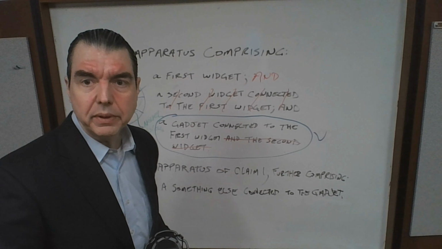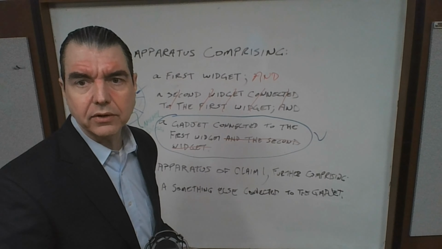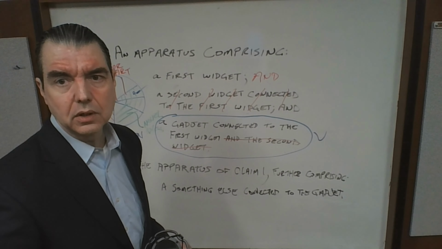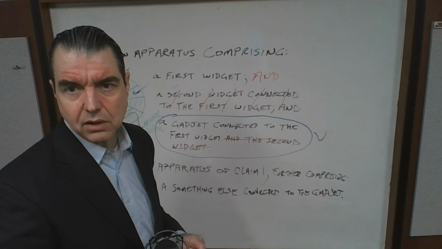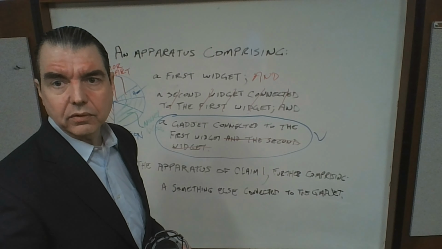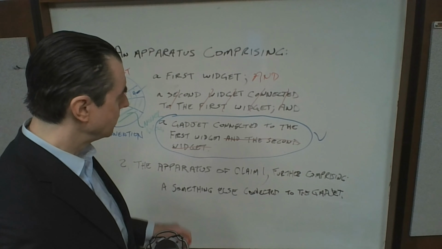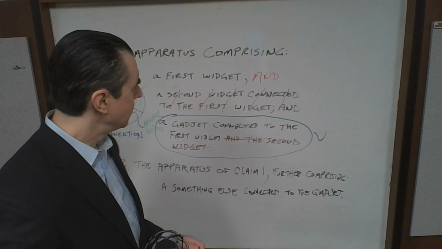Now the claim would be even broader and more valuable to you as an inventor, more valuable to license, and more valuable to show infringement. And I'll get into infringement in another video, but that's an example of a broad claim and how to broaden a claim.